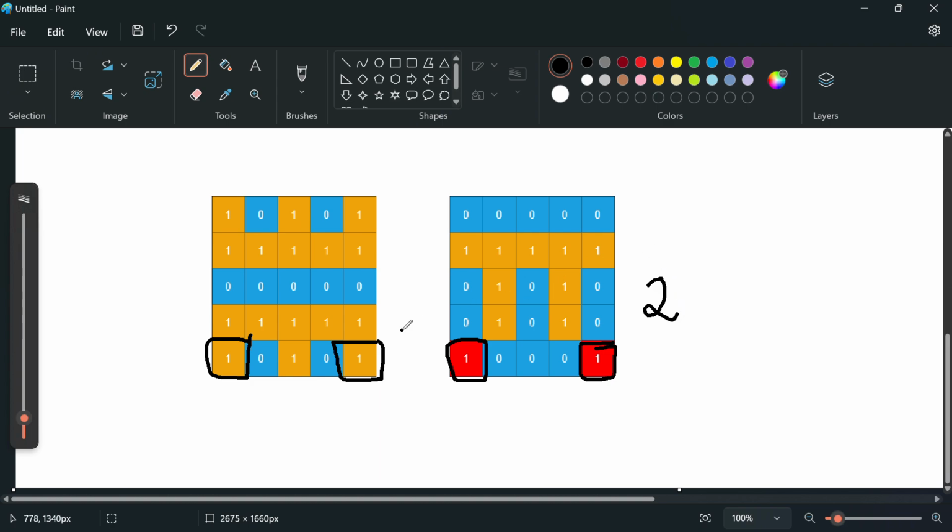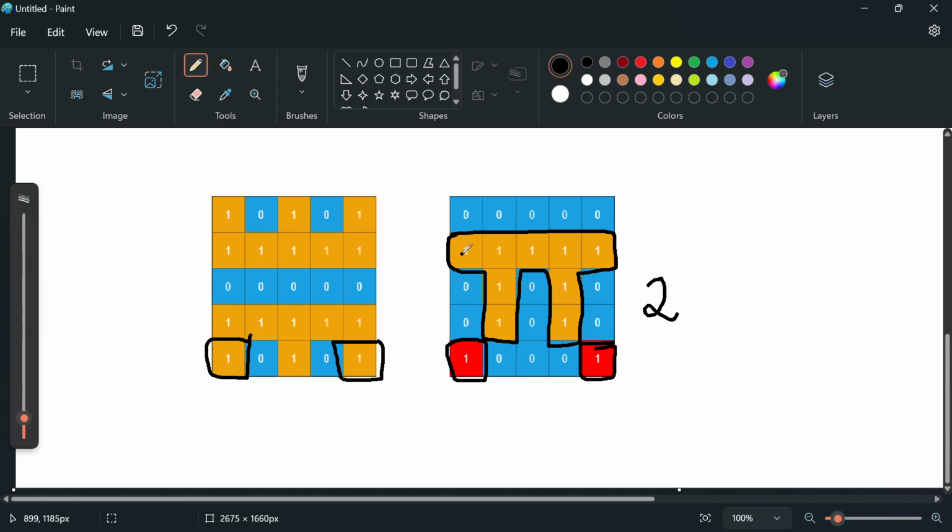So what we are doing here is iterating over the entire island, and we have to check if there is any one which is equal to 0 in grid 1 for that island, and then it should not be considered.